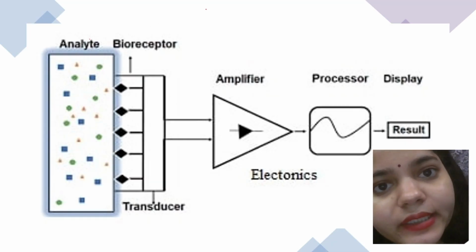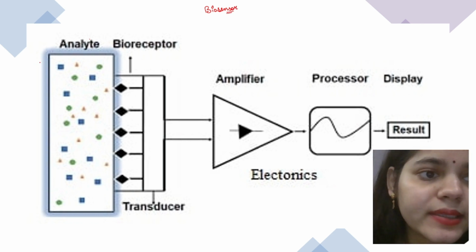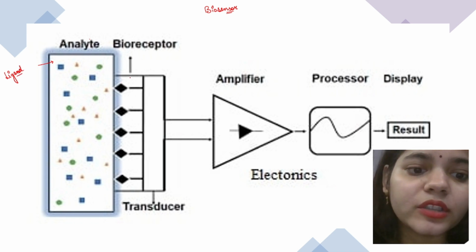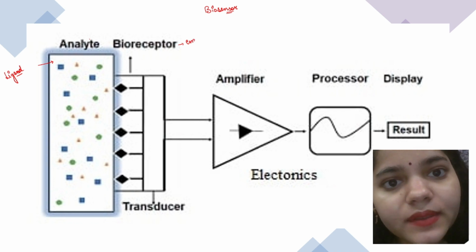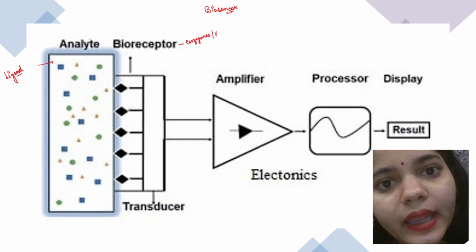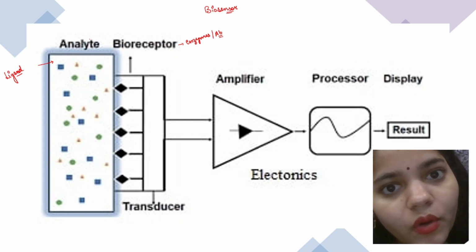Now we understand the working of a biosensor with the help of this diagram. This is the analyte, and here this analyte acts as a ligand, and this is the biological receptor, and this bioreceptor may be enzymes or antibodies.